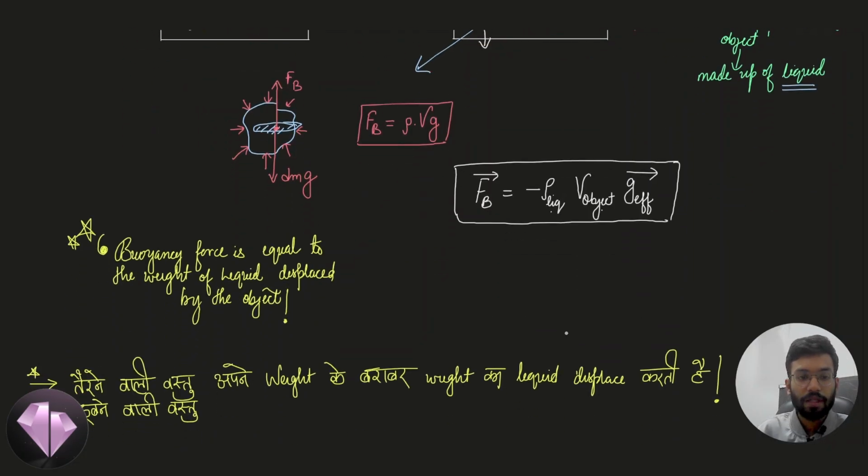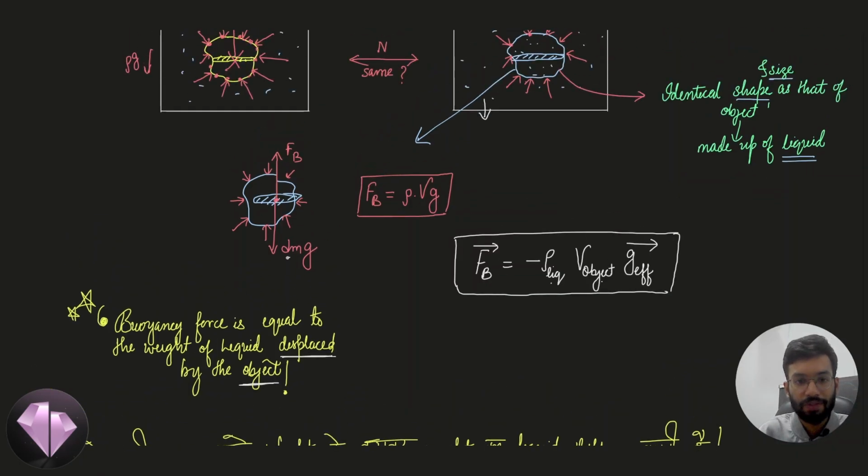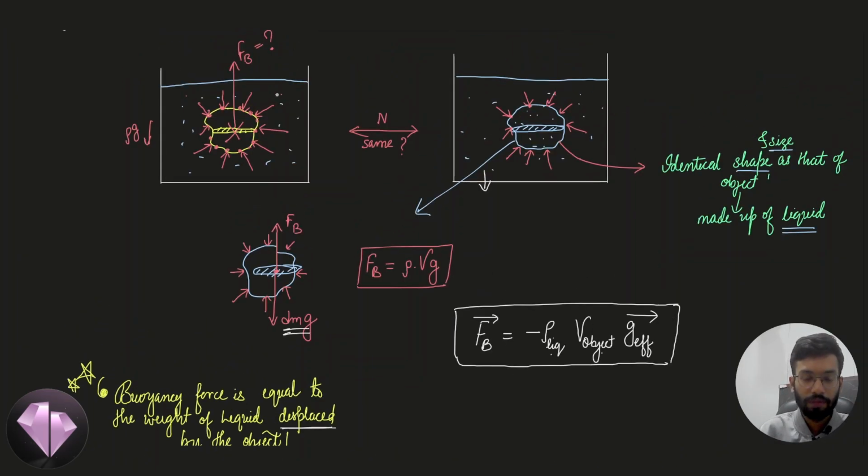So this is the conclusion. Buoyant force is equal to the weight of the liquid displaced by the object. What is this rho Vg? Rho Vg is nothing but dm into g, right? Weight of the liquid element. इस ऑब्जेक्ट को जब हमने पानी में डाला, so it displaced exact volume of the liquid out.